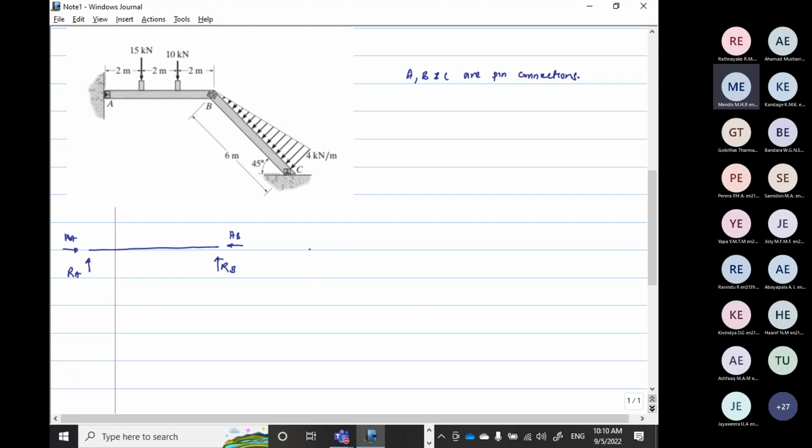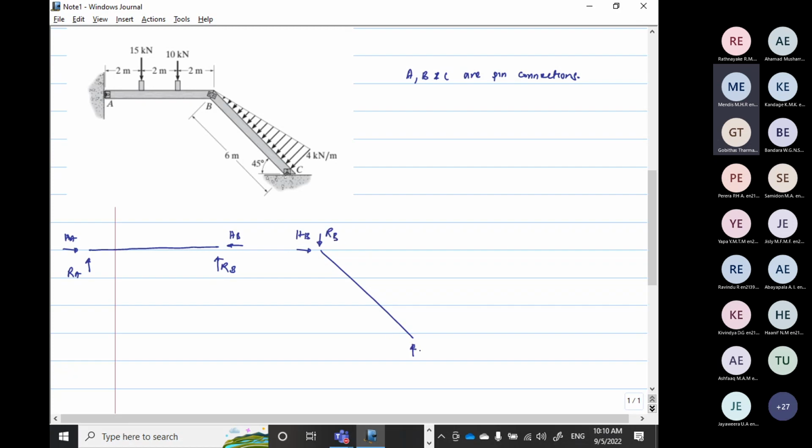And if I draw the inclined column, then equal and opposite will be there, HB and RB.